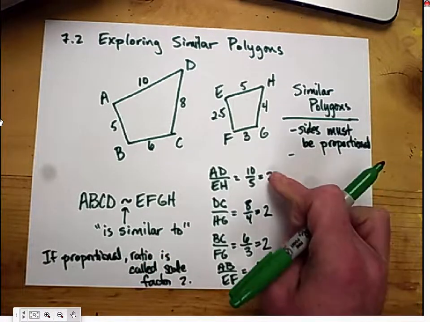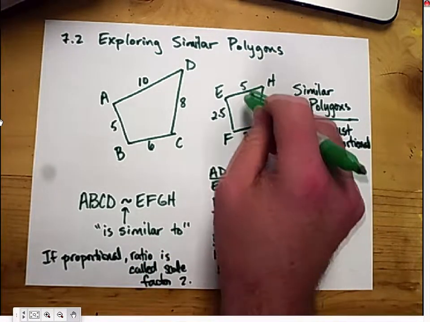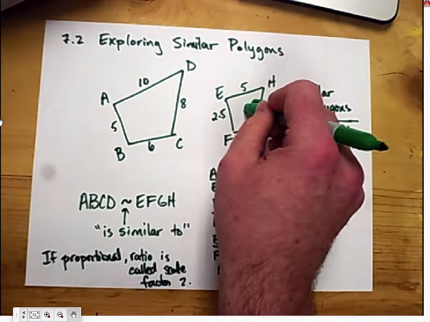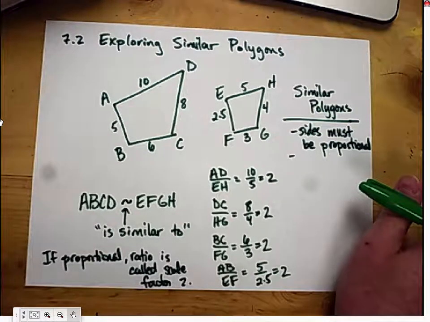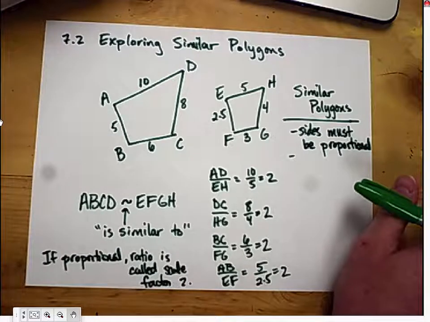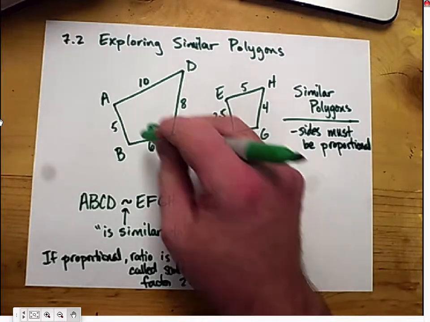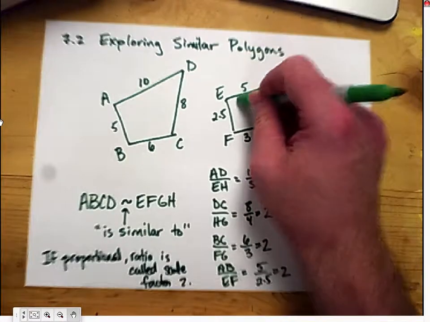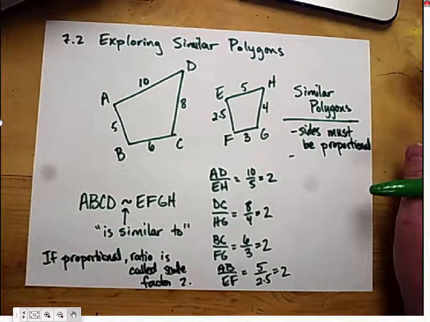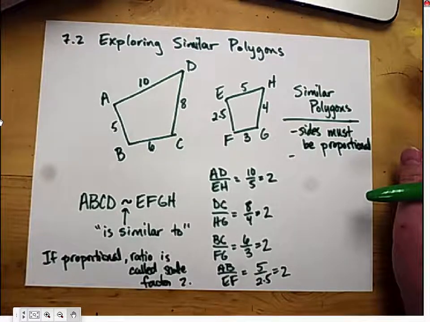Because you can see why 2 would be the scale factor. If you multiplied everything by 2 over here, you would get that, right? So the sides are proportional. What about the angles? Is angle A double the size of angle E? Think about it.